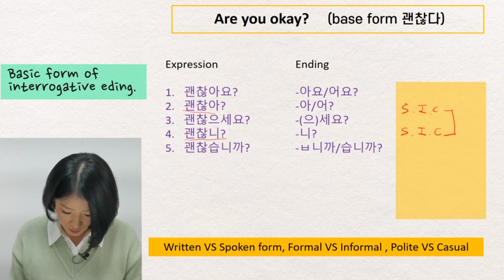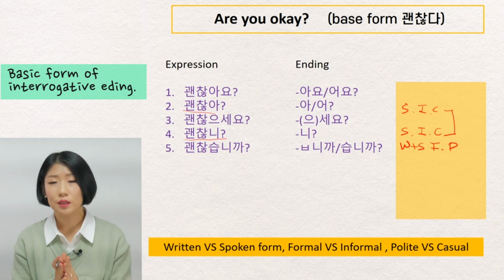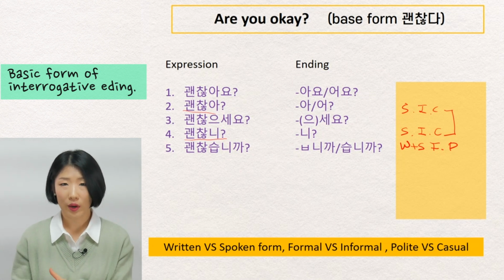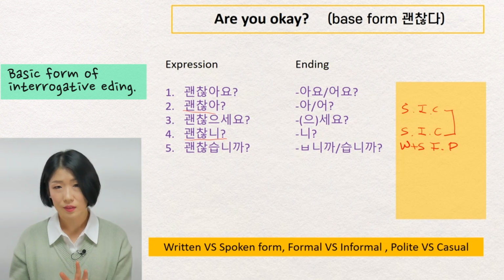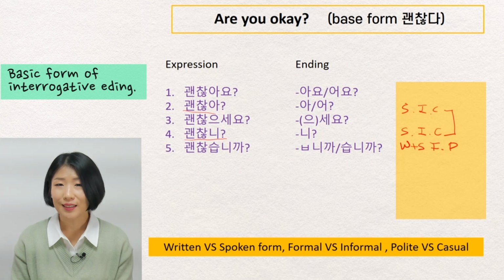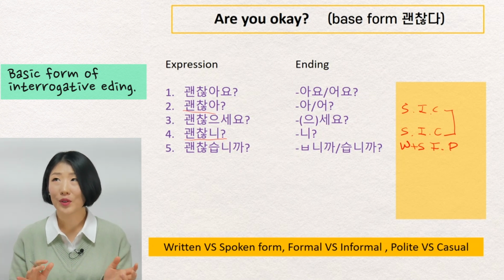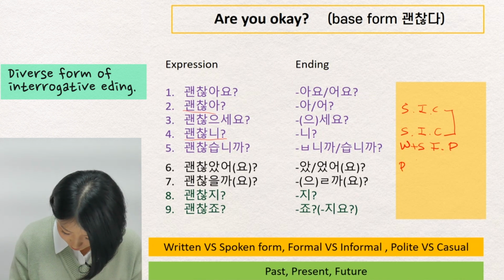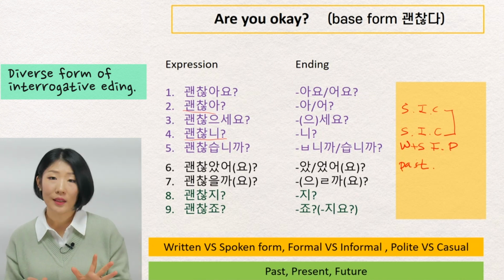The next one is 괜찮습니까 ending. We use this mainly in news programs or current affairs programs or formal events. And also, you can see this type of ending in tests, like the TOPIK exam, or lots of documents. Was it okay? 괜찮았어요? This is past tense. And 괜찮을까요?